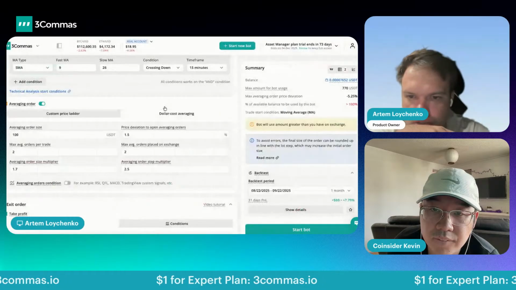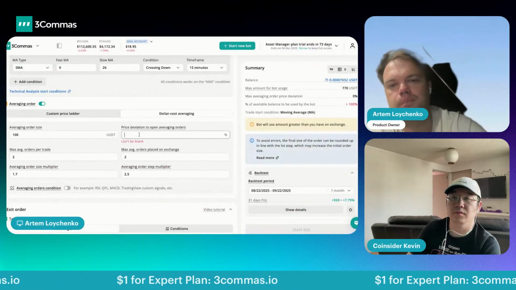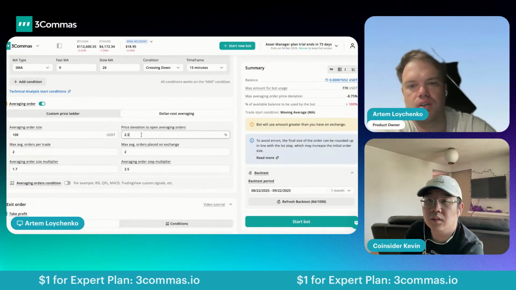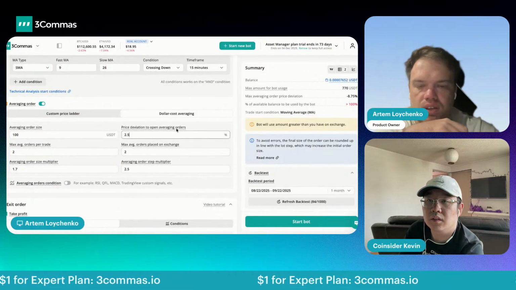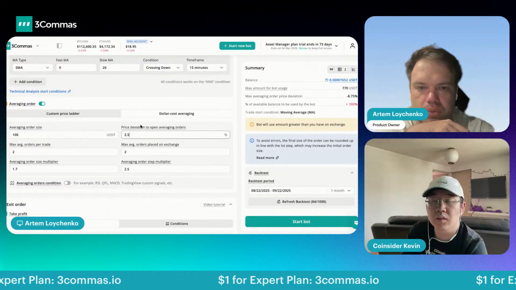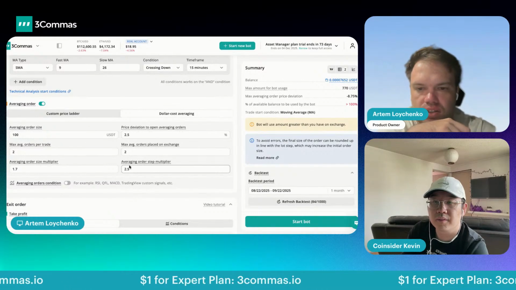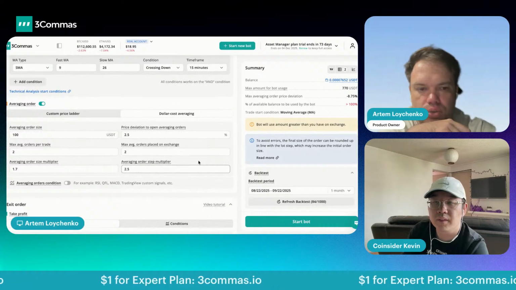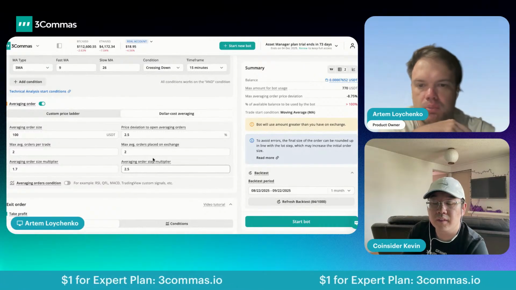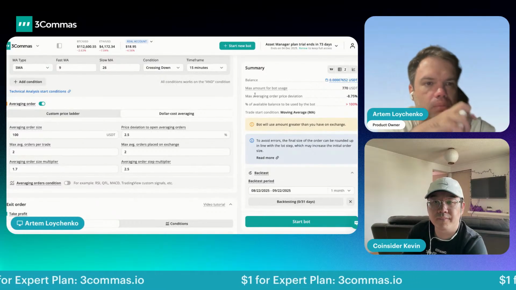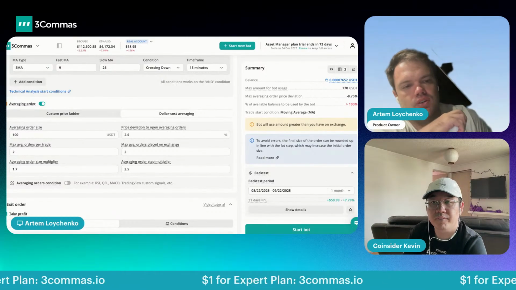We need to also change the first one, I bet. I would do it like this. So this is how the first averaging order will be done from the base, and this is the multiplier that will be applied to others if we had more than 2. But we have now only 2. We can update it later, but now I want to see how it goes.